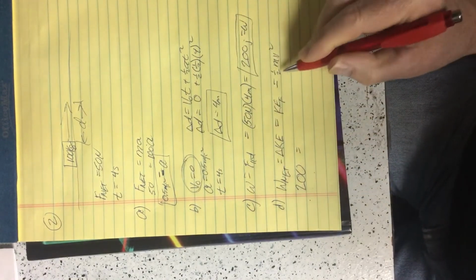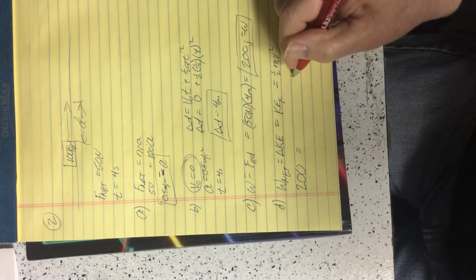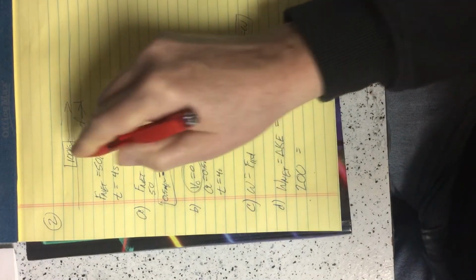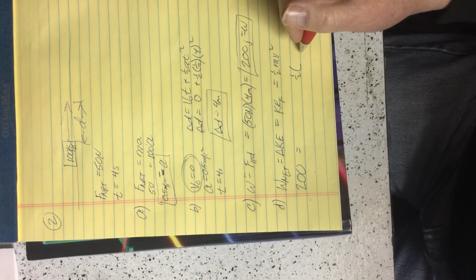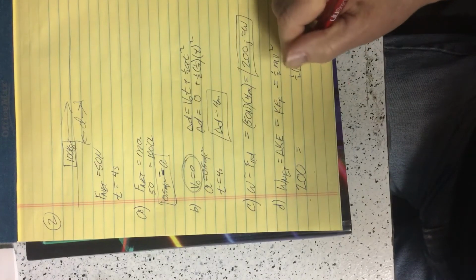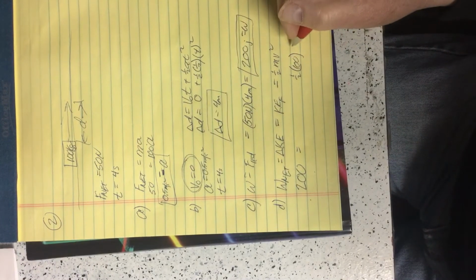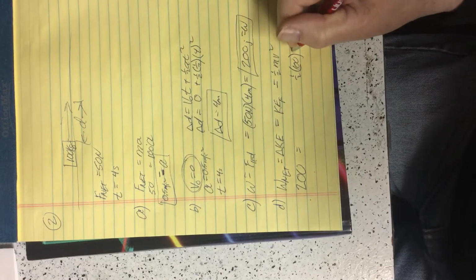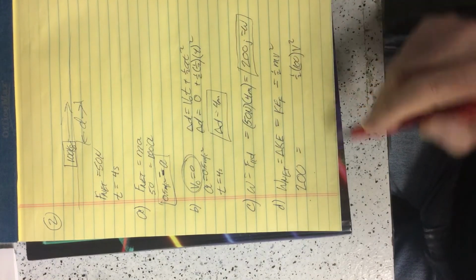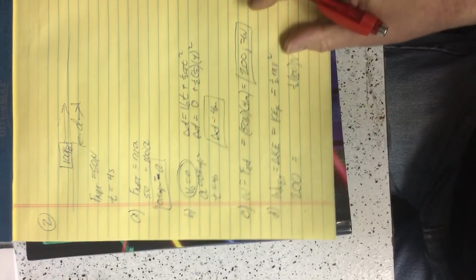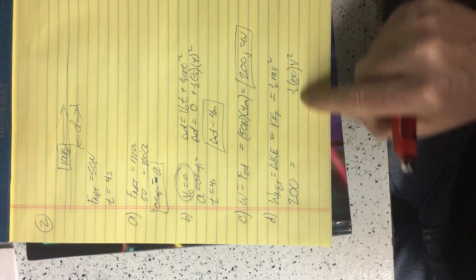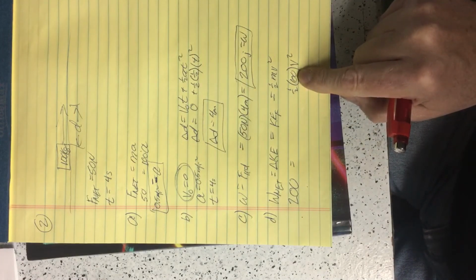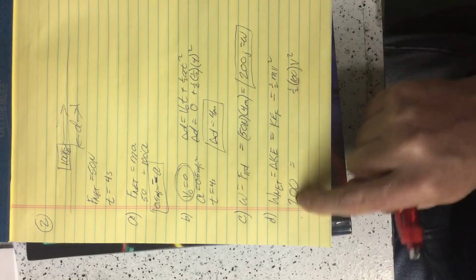joules equals 1/2. The mass was given to be 100. Just double checking that. Yep, 100 times v squared. We want to know how fast it is, so v is our unknown. One equation, one unknown. 1/2 times 100 is 50. Divide both sides by 50.